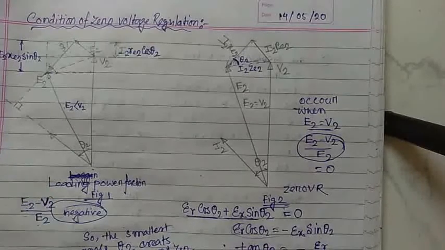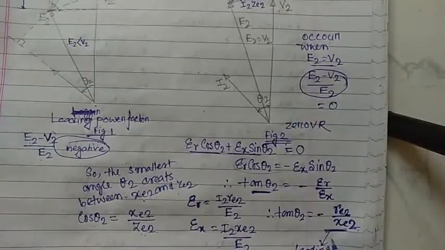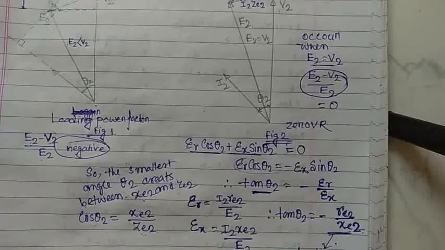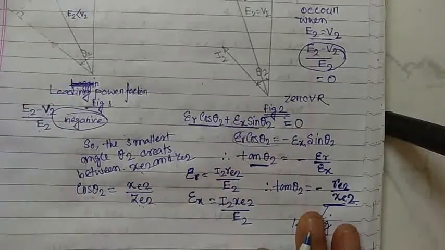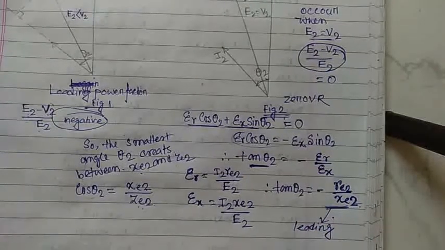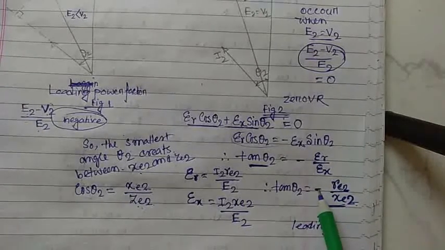As tan theta here is negative, the voltage regulation is 0 at leading power factor. Remember that voltage regulation is 0 at leading power factor, as the tan theta value is negative.